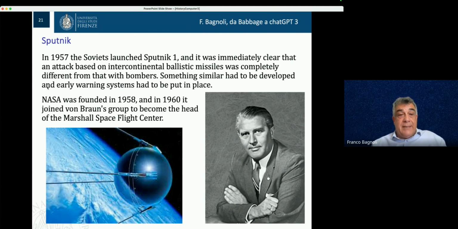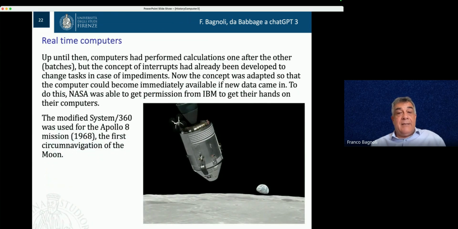So, for instance, NASA was founded in '58, and in 1960, von Braun, who had developed the rockets for the Nazis, became the head of the Marshall Space Flight Center, and then the head of NASA.